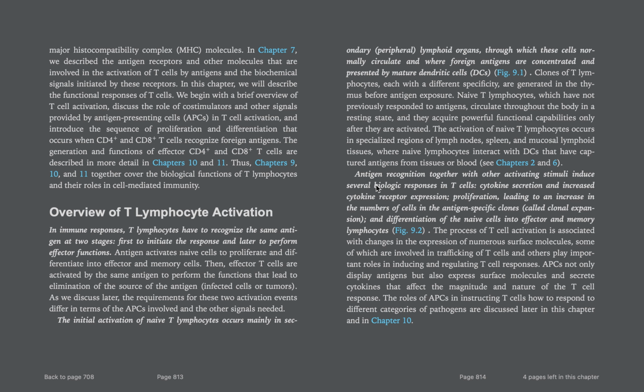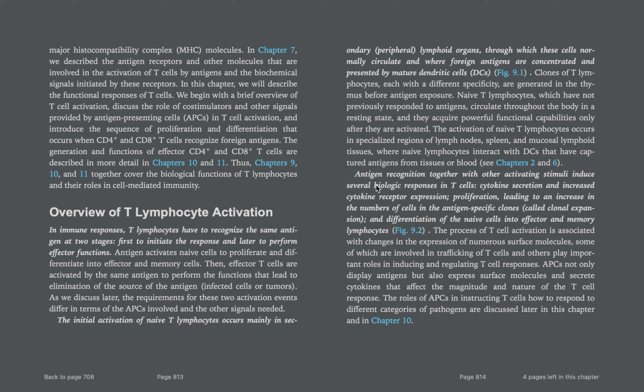The generation and functions of effector CD4 plus and CD8 plus T cells are described in more detail in chapters 10 and 11, and thus chapters 9, 10 and 11 together cover the biological function of T lymphocytes and their roles in cell-mediated immunity.